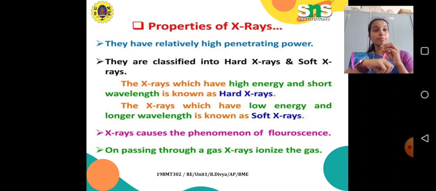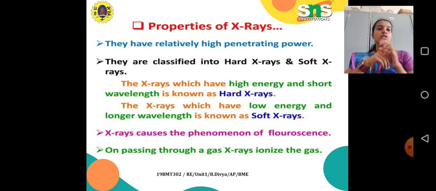While the X-rays are passed, they penetrate through all the layers and finally reach the bones. And the bone X-rays will be very clear. They can identify which area and which part has been fractured. They have relatively high penetrating power.